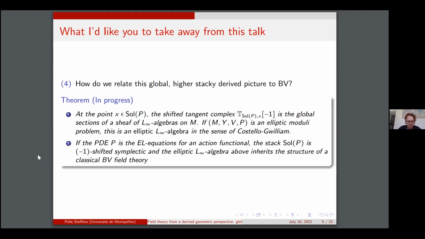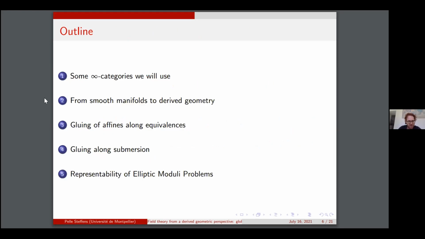Okay, so if you're a bit lost at this point, or you have no idea what I said, that's completely fine, because the goal of the talk is to just define all these words. So we're going to do this in the following fashion. First I'll outline some very brief infinity category theory. Then I would like to explain how to move in an algorithmic way from non-singular geometry to derived geometry.